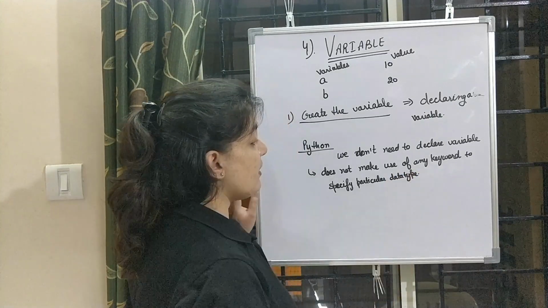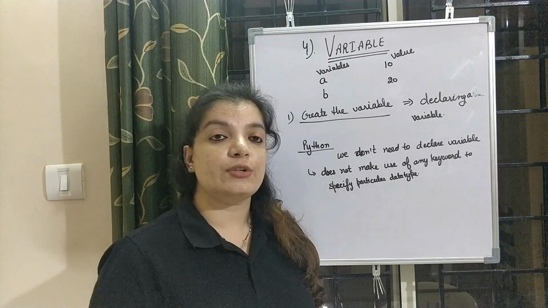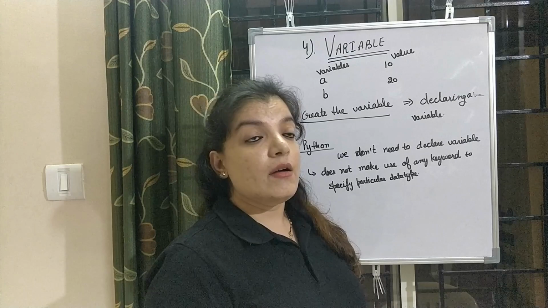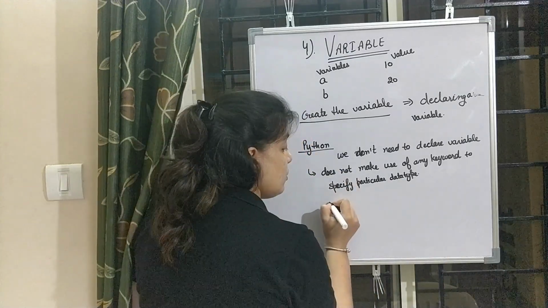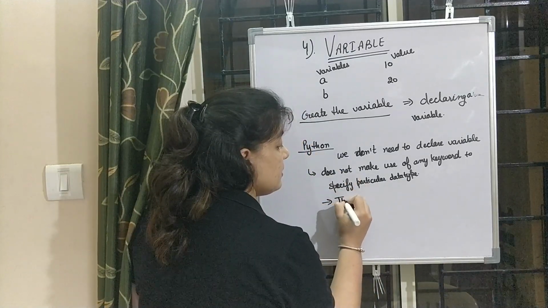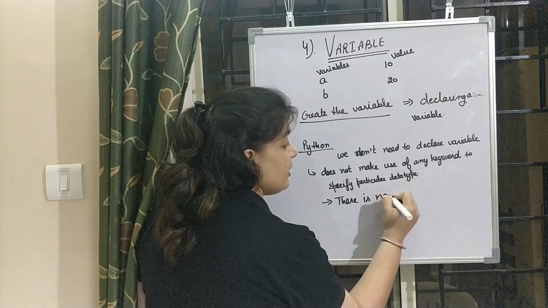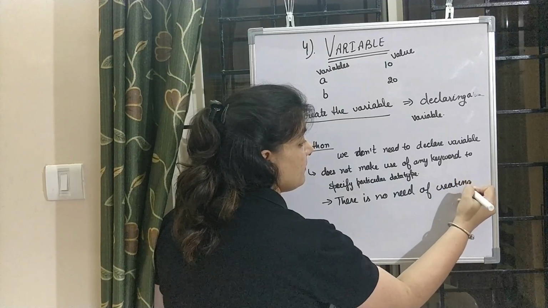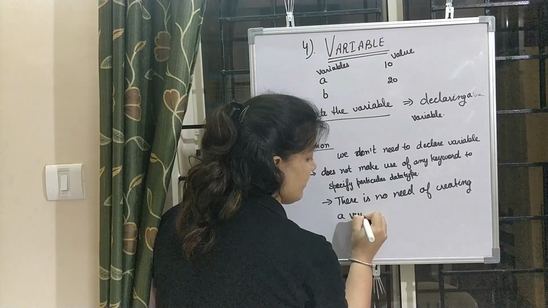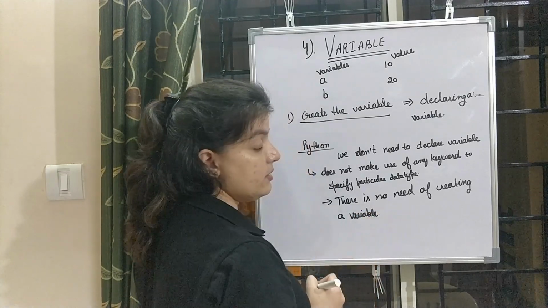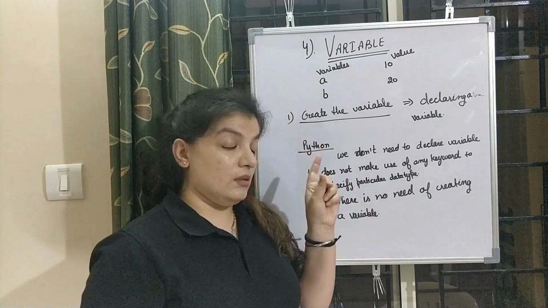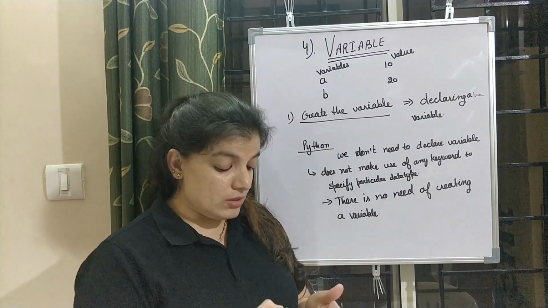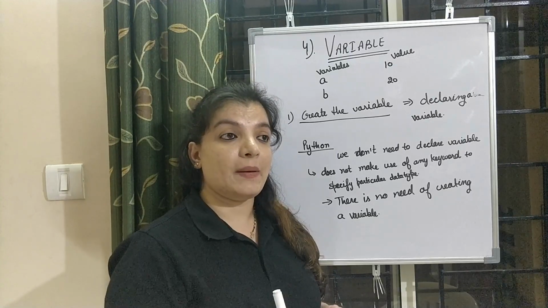So if Python does not use any keyword to specify a particular data type, there is no need of creating a variable. Because of this reason, there is no need of creating a variable. Understood?